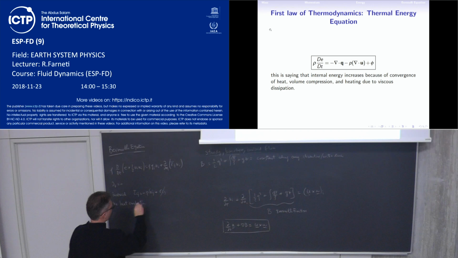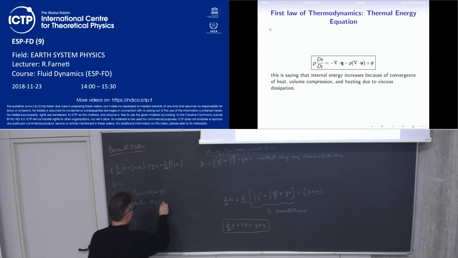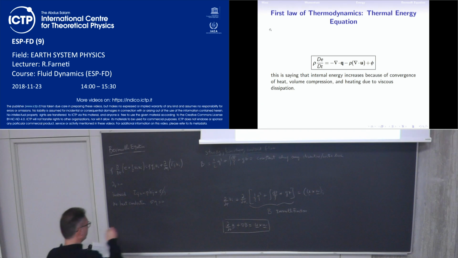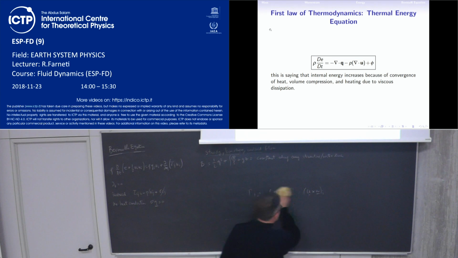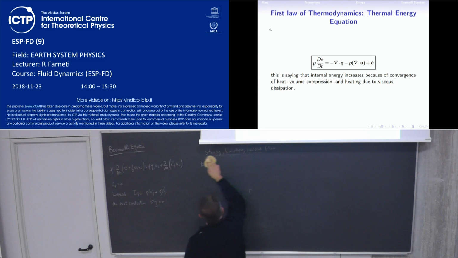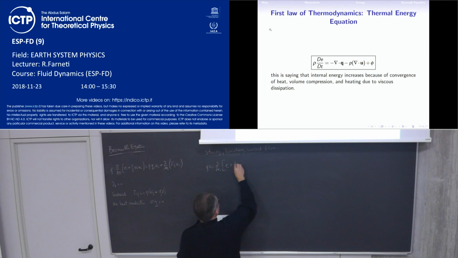You don't want to change the heat of the system, so that is equal to 0. So if we apply all of these assumptions to the first law of thermodynamics, what do we get? The Lagrangian derivative just has the advective component because the d by dt is equal to 0.